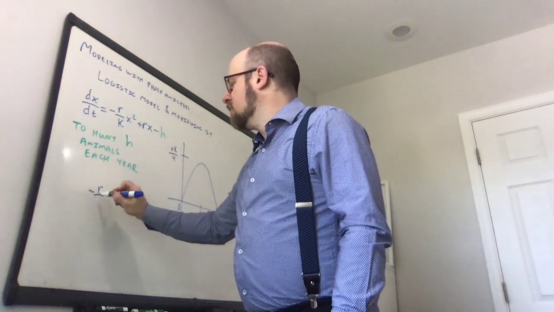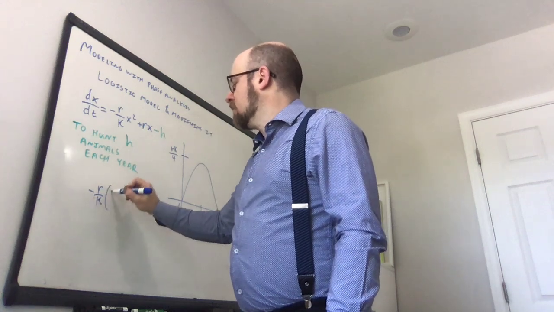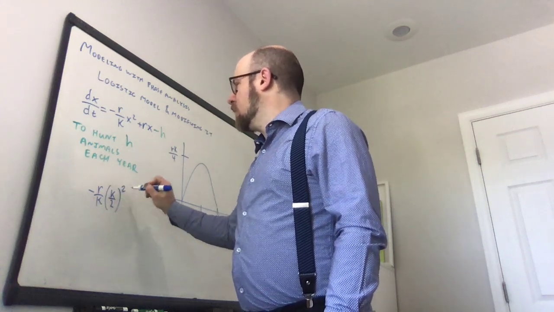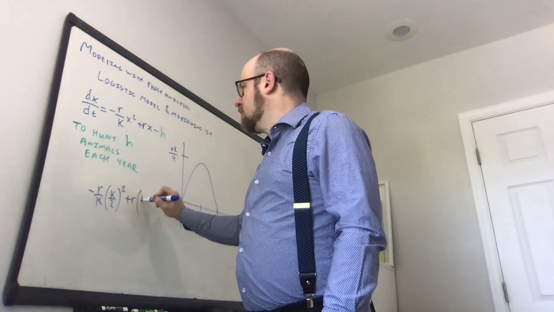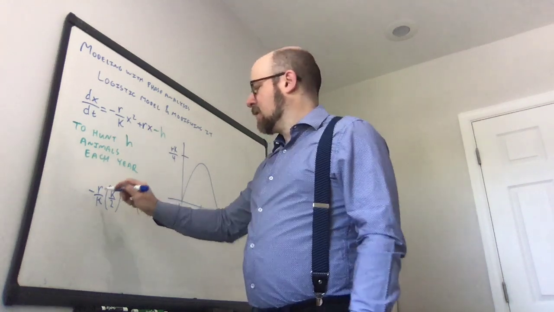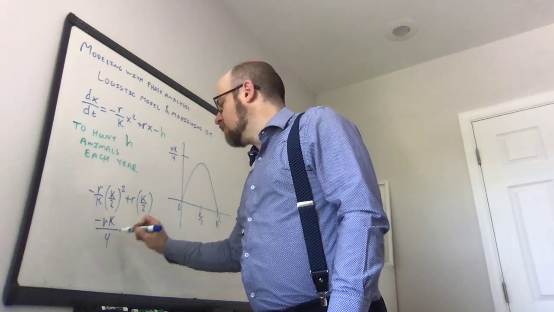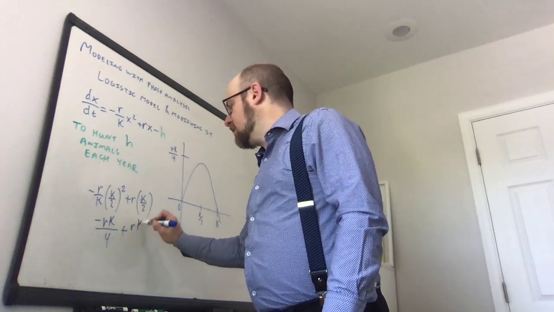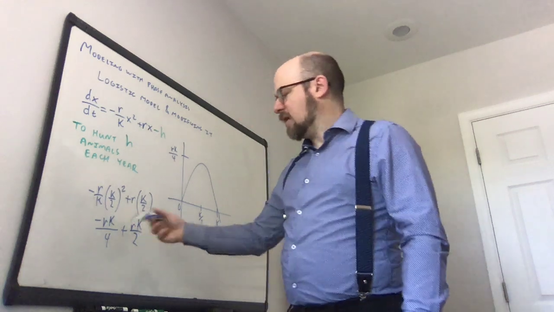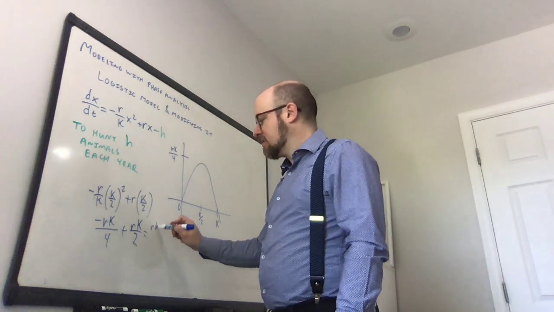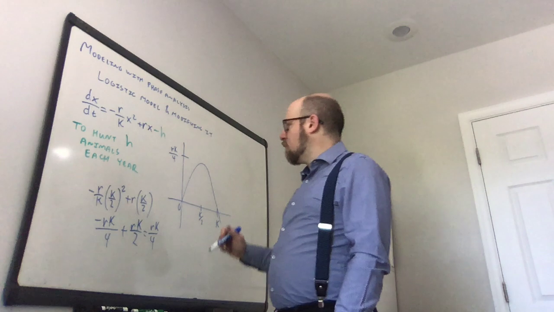So negative r over k times k over 2 squared plus r times k over 2 gives you negative rk over 4 plus rk over 2. And so when you combine these two fractions, that gives you rk over 4.